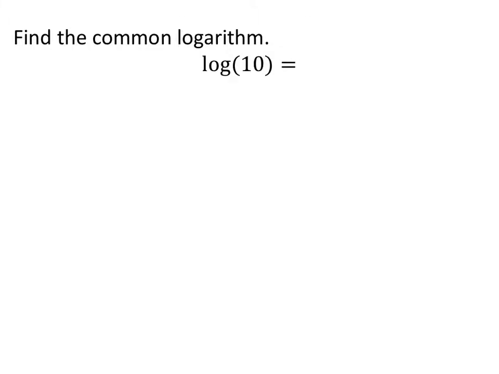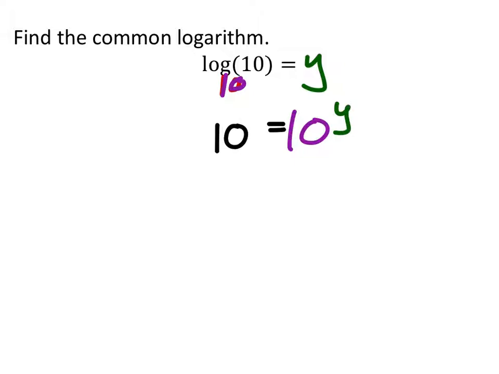Find the common logarithm. Okay. Well, this is a log, and the log usually equals a y value. Now, y is not the answer, but we just have a variable there to solve for. Now again, it's a common log because it didn't show the base, so if you wanted to, you could see it's base 10. So if I change this into exponential form, I should have used purple right there, right? Then I would have 10 to the power of y equals the 10 right there, okay?